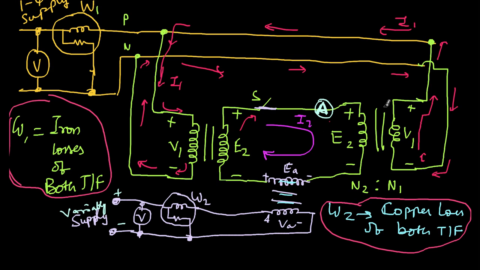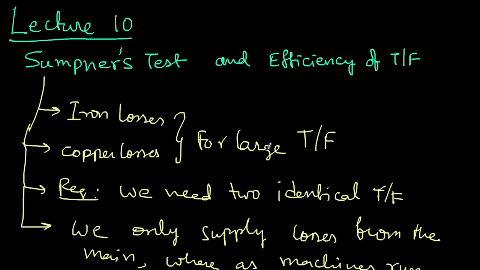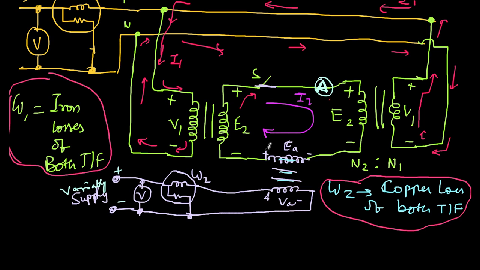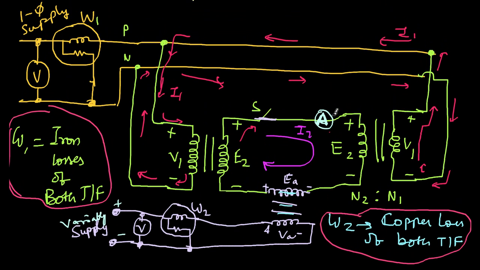You can test the effect of continuous loading and temperature effects, and all these things using this particular setup. So you can measure throughout the day what the power is. We'll look at one or two example problems on this Sumpner's test. This is something where the connections and the current flows, everything, you should have an idea.